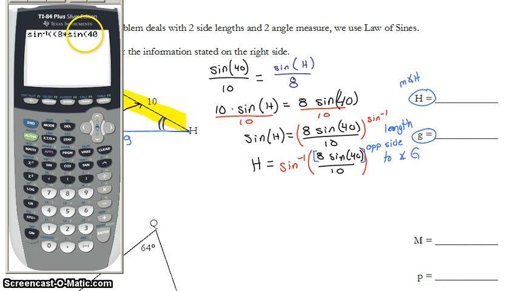Now, hitting sine opened up a third set, so I have open, open, open. I need to close, closing out my 40 for the sine, close, closing out my numerator. But I don't want to close out my inverse sine yet. I don't close out that third one until after I divide by 10. Now I can divide by 10, close out my last function.